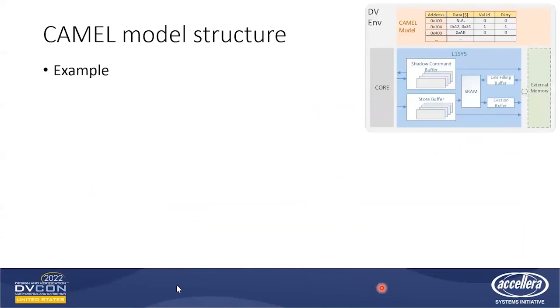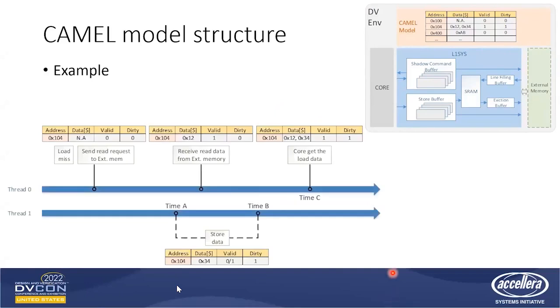After the introduction of the CAMEL model structure, next I will introduce how the CAMEL model works in the verification environment. This diagram shows how the CAMEL model is placed in our DV environment, and this is an example. Let us focus on thread 0 firstly. When a load instruction with address 104 comes to L1 sys, it meets a cache miss, and the CAMEL model will record an info where the address is 104, data is unknown, valid and dirty are 0.